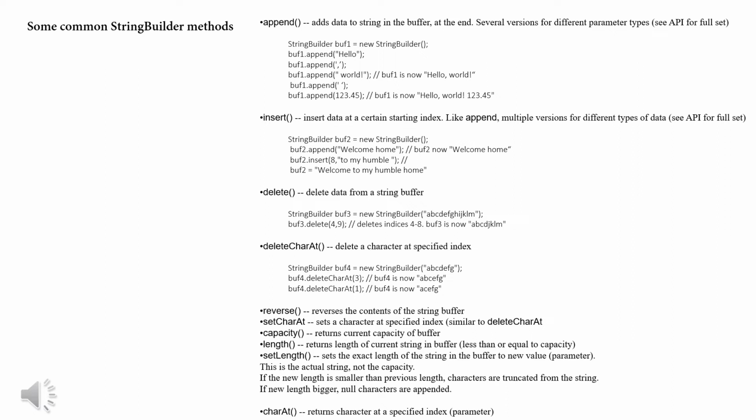In the next line, we have buffer1.append(","), right? So now buffer1 is hello comma. If we want to add another string to the existing string, for example, if we want to add a word to hello, we can write buffer1.append and inside the parentheses word. So now buffer1 is a string with the value of hello word. So that's how the method append works.